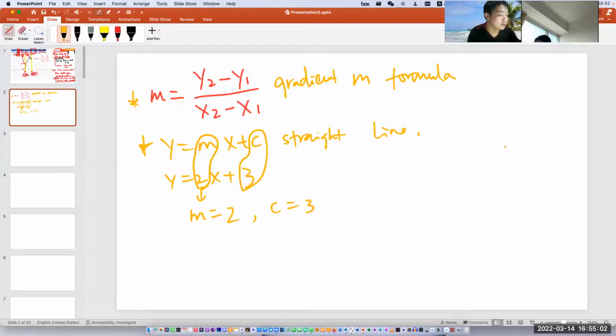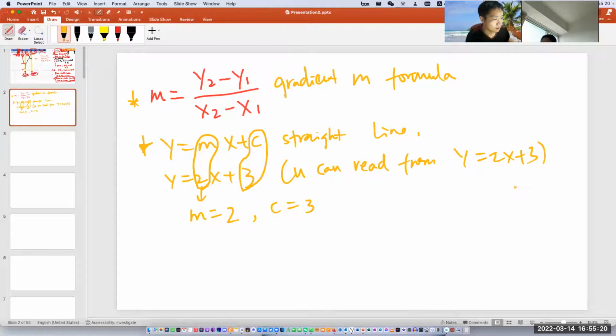So m and c are both given, and you don't need the formula, right? Because you can read them from y equals 2x plus 3.